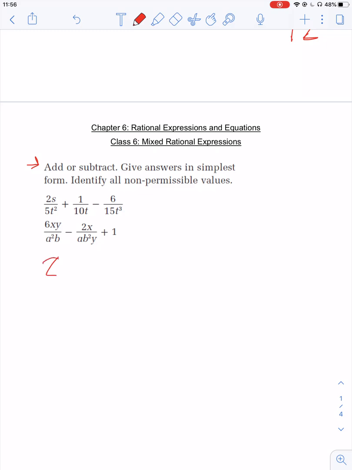So 2s over 5t squared plus 1 over, I'm just gonna break the 10 into 2 times 5t, minus, and the numerator I don't really care about, so let's just leave that as 6 for now, and 15 will just be 3 times 5t cubed.